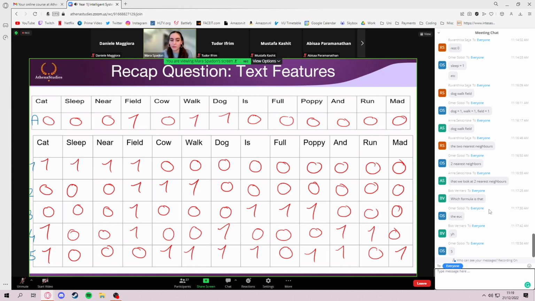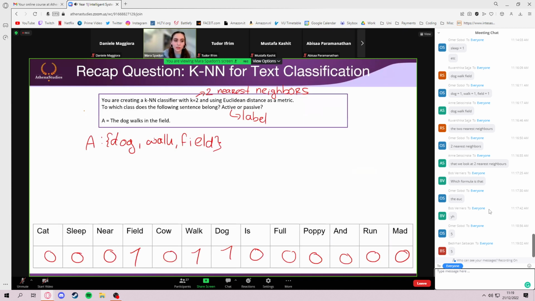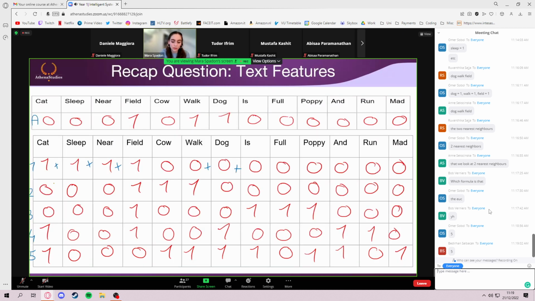Okay, so I'm seeing 5. Let's see. So cat is different. Sleep is different. Near is different. Field is the same. Walk is different. And dog is different. Exactly. So 5 times in total. So here I'll just write down the amount of differences. So 5.